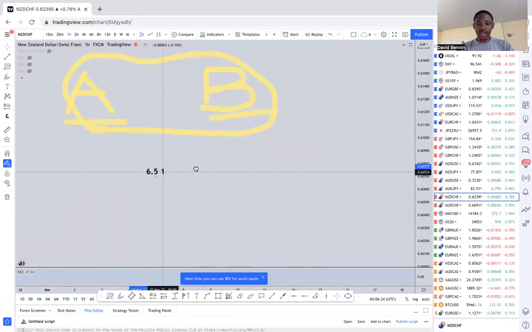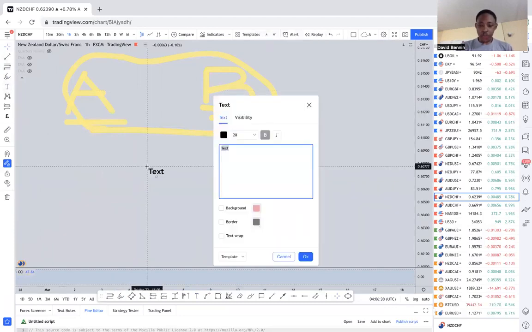Let's take it like that. Let me write it in a different way. US dollar. Right now it's like 7 or something, but let's say 6.5.